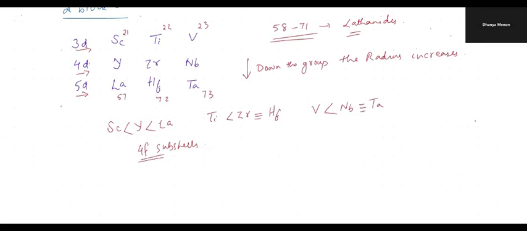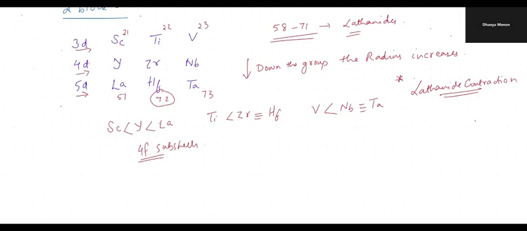That means when it reaches atomic number 72, even if there is an increase in the number of shells, it shows a decrease in the size. This is because of something called lanthanide contraction, which is very important.